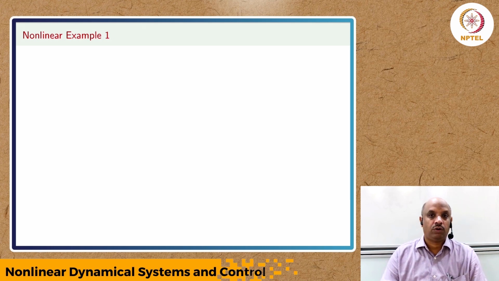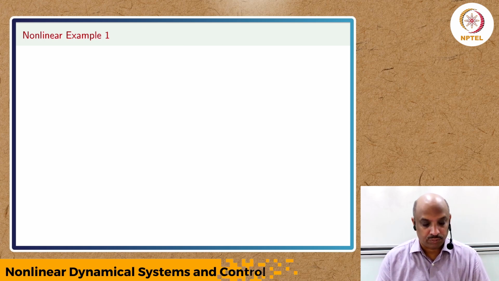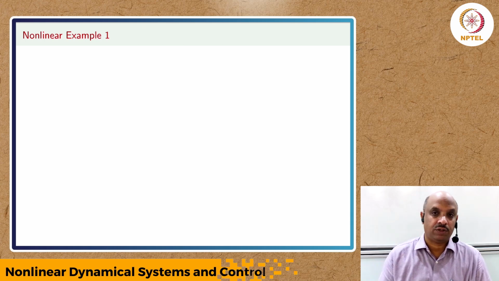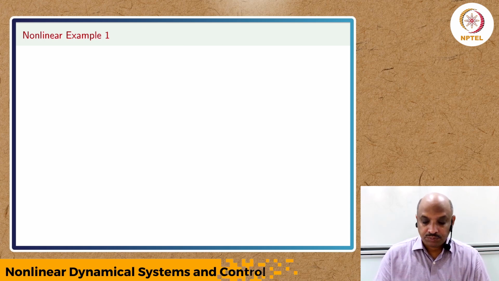We won't look at so much of how to control. We will look at a control problem as an inverse problem of this prediction of the behavior. But beyond that, we won't necessarily look at too many techniques that will do control because of the difficulty involved in nonlinear systems in general.